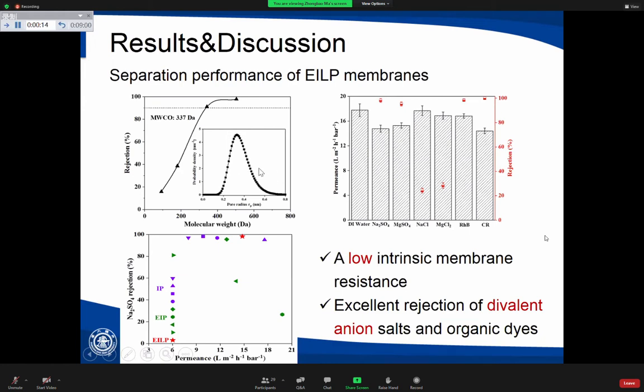So the ELP membrane had a relatively narrow pore size distribution. So the membrane has excellent rejection for divalent salts and organic dyes. Our ELP membrane is superior to most of the IP and EIP membranes.